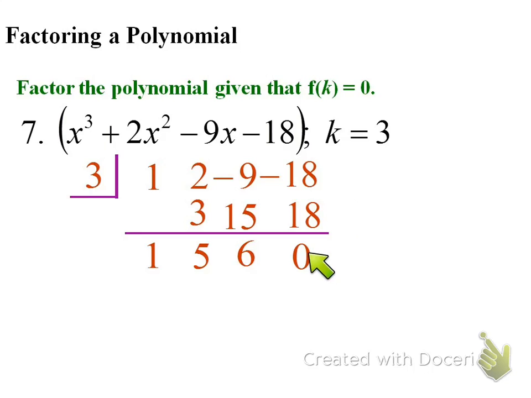Okay, so whenever it gives you this information to start with, your remainder should always be 0 because we know this is a factor. Okay? The whole reason we wanted to do that, though, was to see what you'd get when you divided by that x minus 3 that we were talking about.